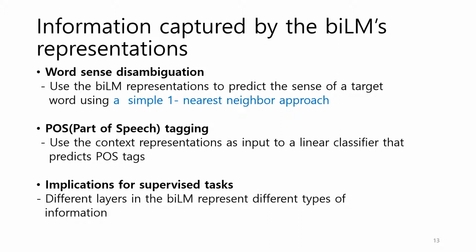Part-of-speech tagging is the process of marking up a word in a text as corresponding to a particular part of speech, and they use the context representations as input to a linear classifier that predicts the POS tag.